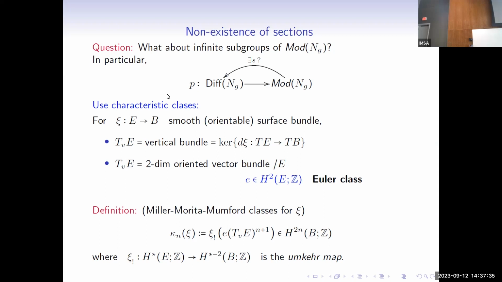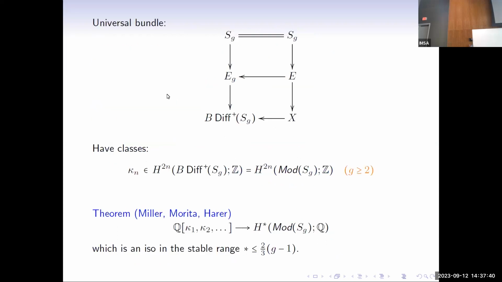And well, you can do that for any smooth bundle. Now you can play this game using the universal bundle. You get your Miller-Morita-Mumford classes for the universal bundle, and then for any bundle which is gotten as a pullback of the universal one, you get by pullbacks characteristic classes for any such surface bundle, right?